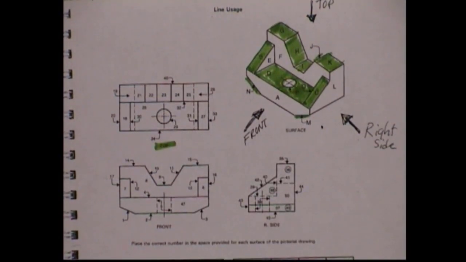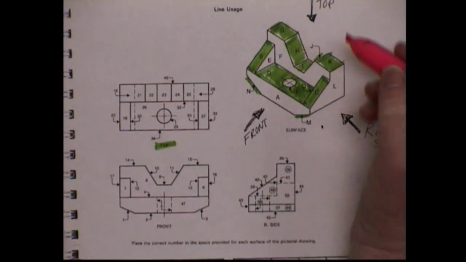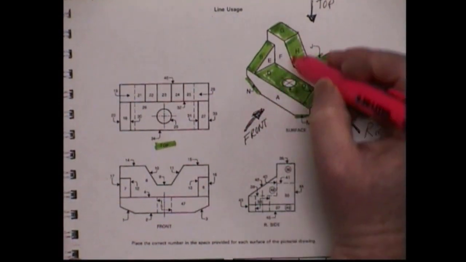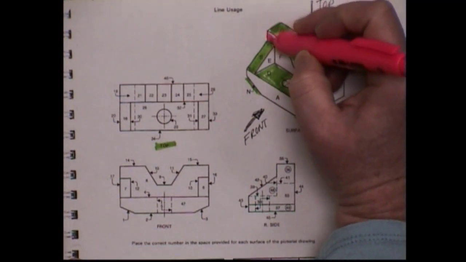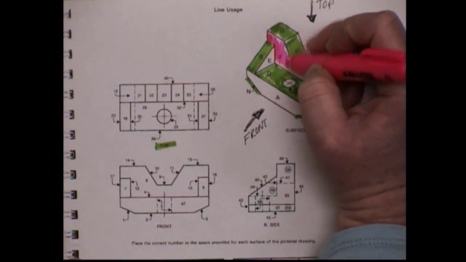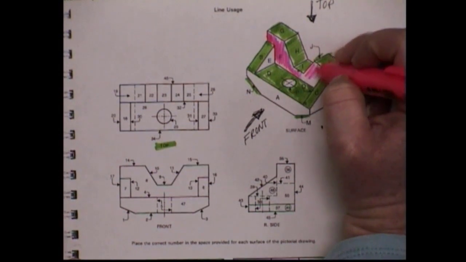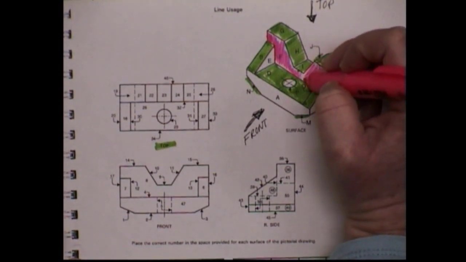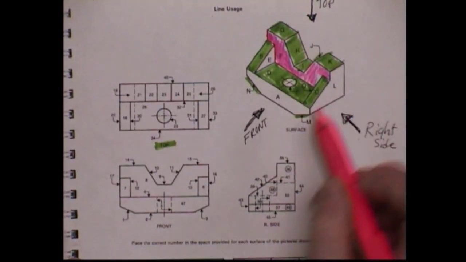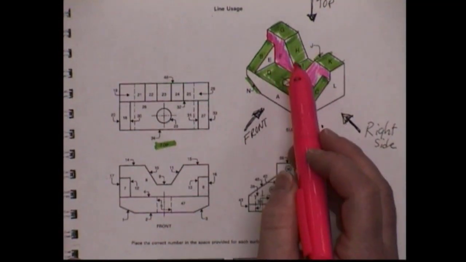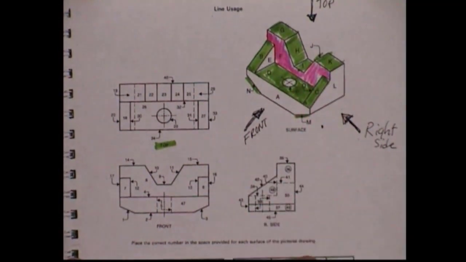And then if we look at the front view, I'll do front in a different color. We're looking at it in this direction, so we're going to see F. Will we see G, H, I, J, or K in the front view?